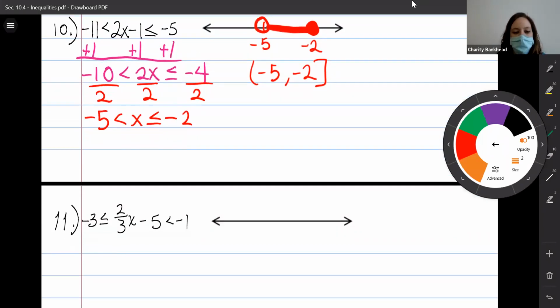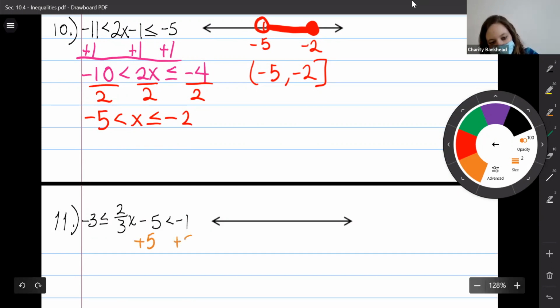On number 11, I need to add 5 to each of the 3 sections. So that gives me 2 is less than or equal to 2/3 x, which is less than 4.